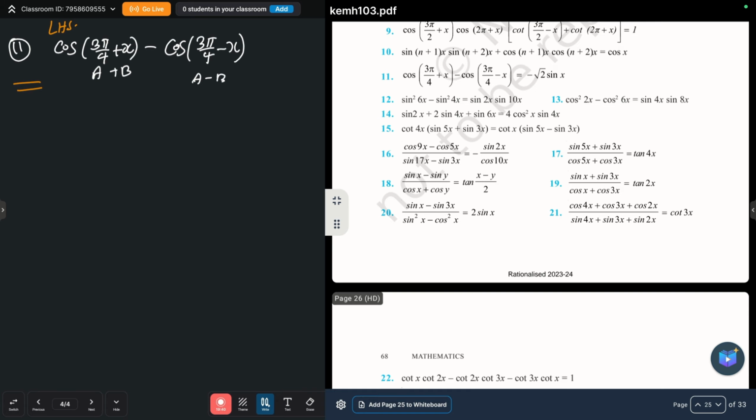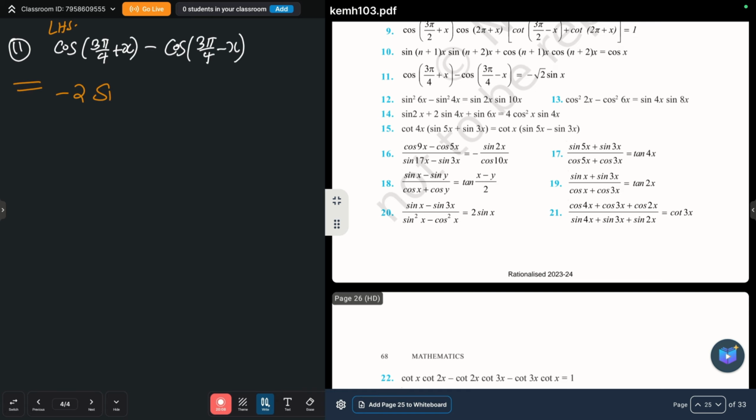Then also you can get the answer. Both are applicable here. Since there is a minus outside, we use cos C minus cos D. Recall cos C minus cos D.